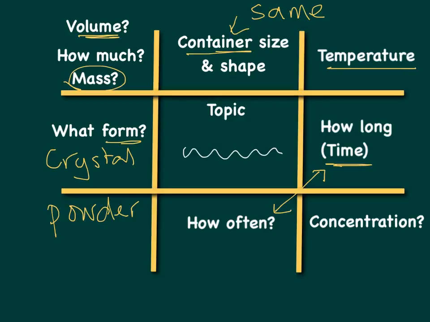Am I going to do it every minute? Or will it only be after a certain amount of time? The last thing I want to talk about in chemicals in particular is the concentration. Now we know that the concentration is measured in M's. The larger the M, the more concentrated.